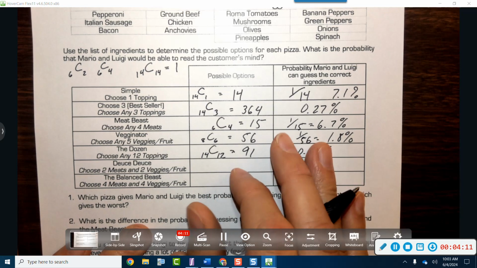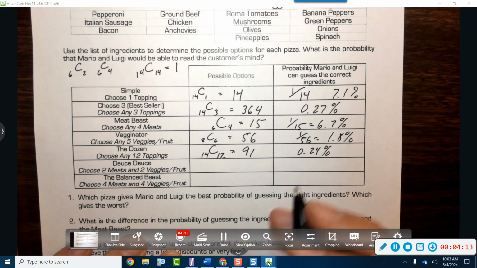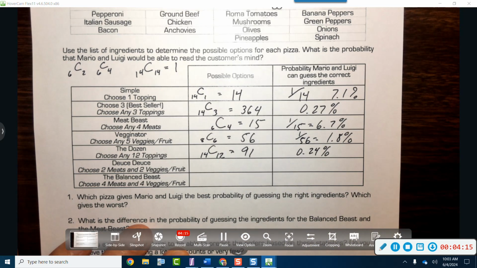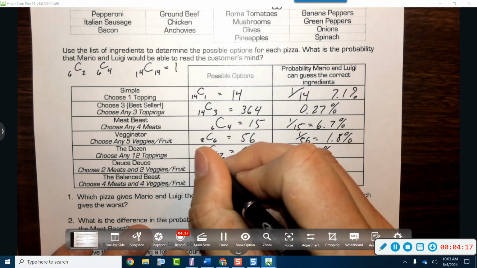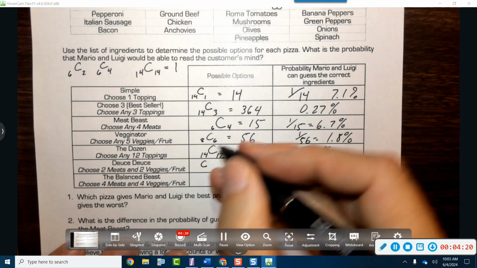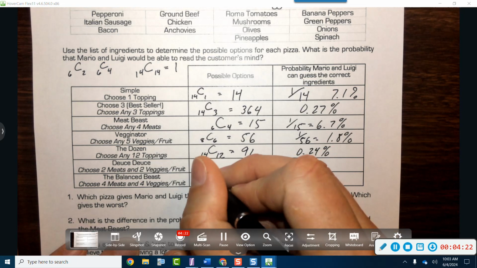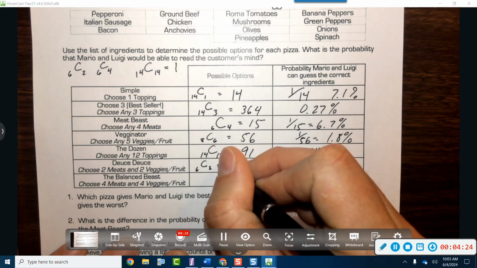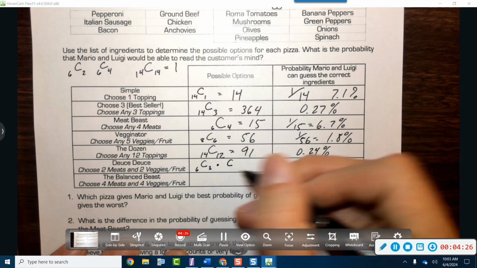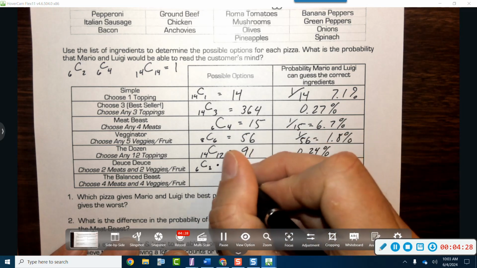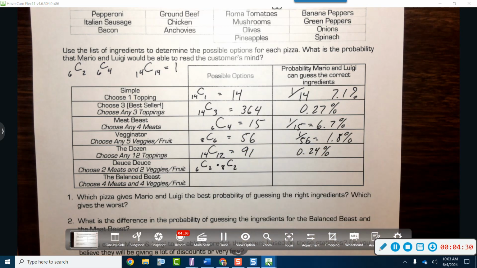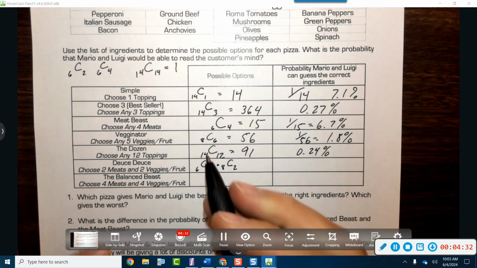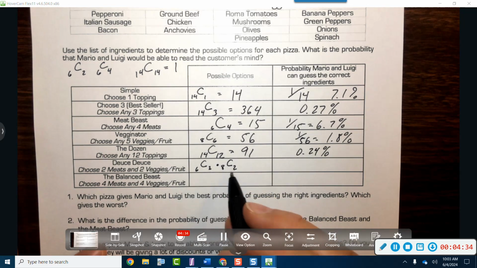Now here's where it gets pretty interesting, but experience will allow you to figure this out. If you're going to have 2 meats chosen out of 6, then you're going to multiply by all of the combinations you would get choosing 2 veggies out of 8. So here's the meat combo, here's the veggie combo.